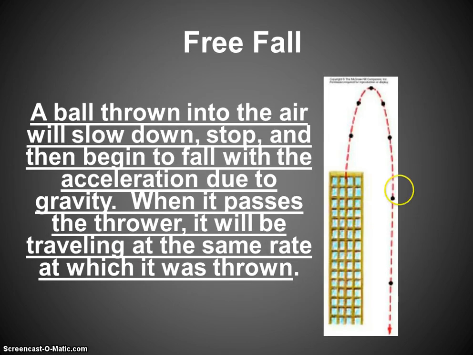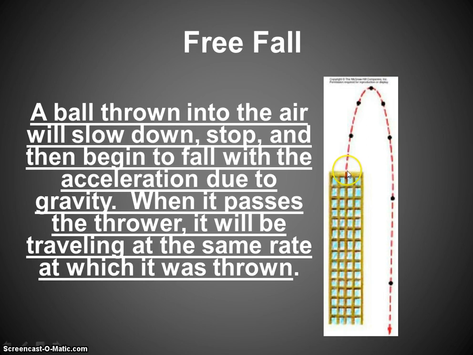And if you throw a ball straight into the air, the air is going to slow it down. Air and gravity, right? Air and gravity are going to slow it down as you throw it into the air. And eventually, at some point, it's going to stop. And then it's going to begin coming back down.